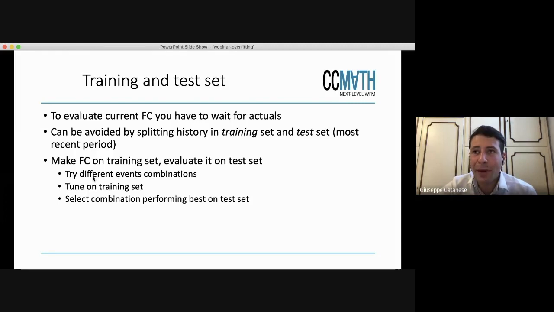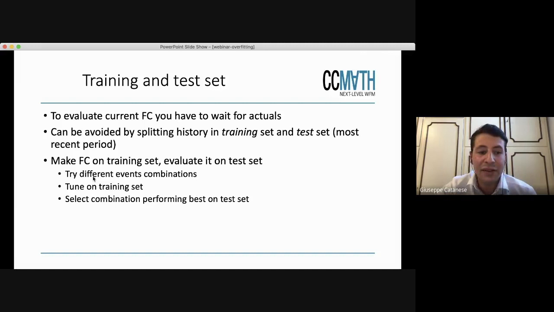How can this apply to overfitting and events? Basically, you can try different combinations of events. Before we had an event A and an event B. Let's see, if I set as input only event A, what is my performance on the test set, and then you do a run. Then you can do a second run, setting a model only with event B. And then you can do a third run, putting them together.